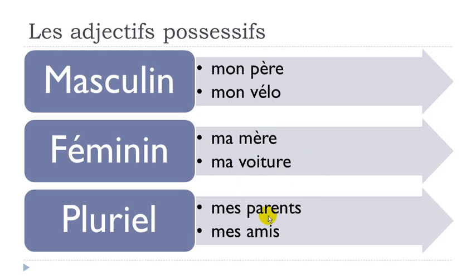Parents, mes parents, because it's the plural form here. Mes parents. And then amis, friends. It's the plural form, so it's mes amis. And then let's be purist and make this beautiful liaison between these two words. Mes amis. All right? So I hope it's clear.